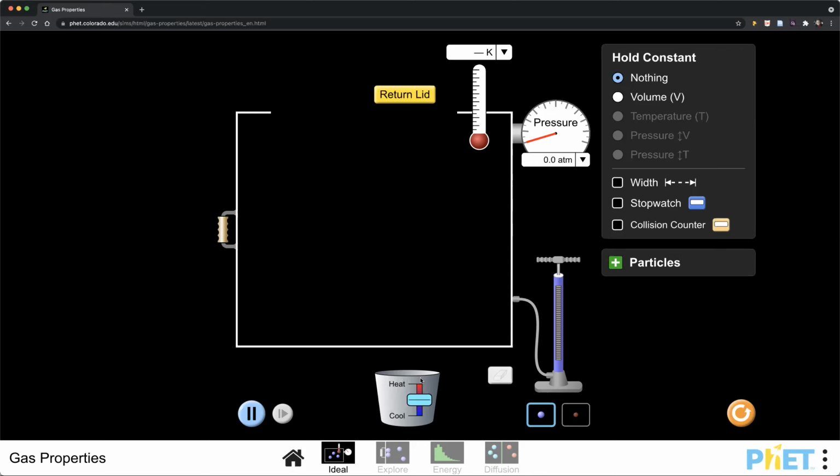If they're moving faster, then when they collide with the walls of the chamber, they're going to apply a greater amount of pressure than they would otherwise. So pressure is directly related to temperature. Kinetic energy is directly related to temperature.